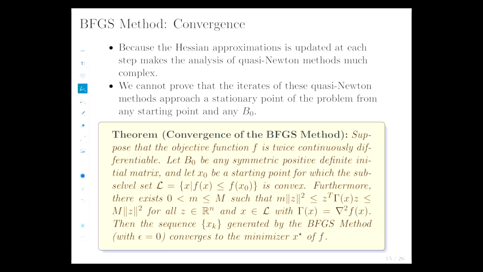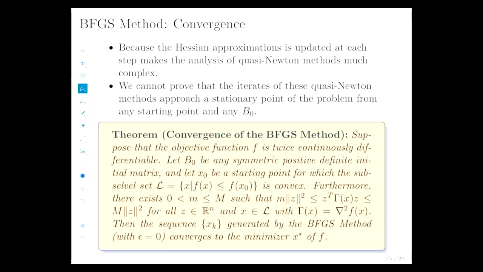So the idea is that if f is nice, if we take B to be symmetric positive definite, so the initial guess is symmetric positive definite, and locally the function is convex, so it's nice. Locally, again, we will see this. We'll spend the whole next week on this.